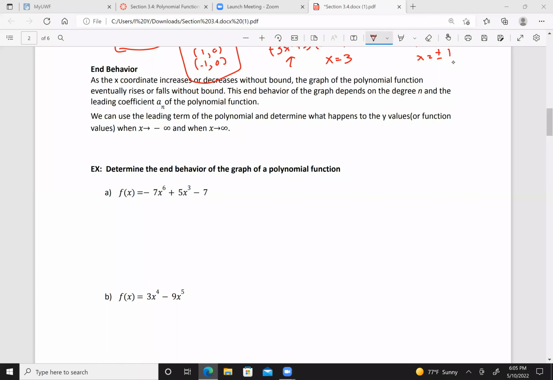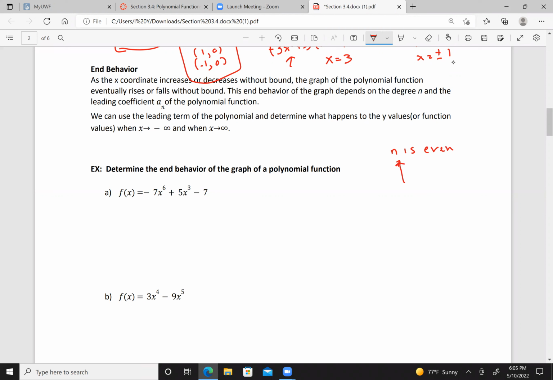So first, let's look at the case where n is even. So when n is even, we're basically going to have something that resembles a parabola. Something like this. And it may do all kinds of weird stuff in here.